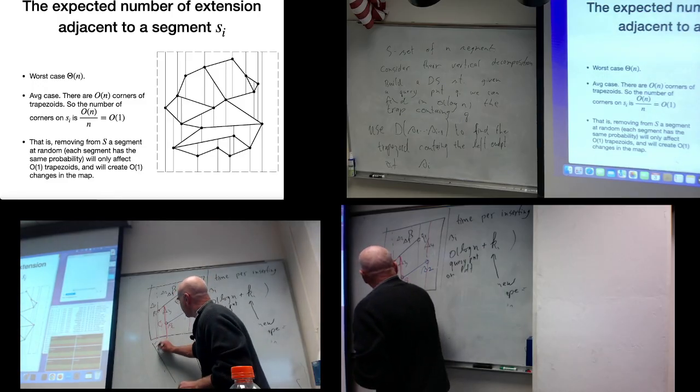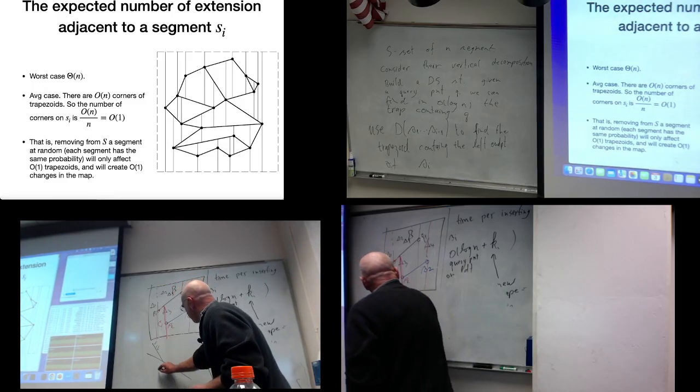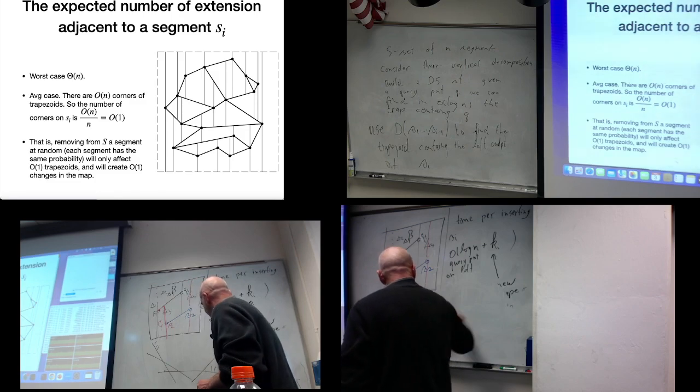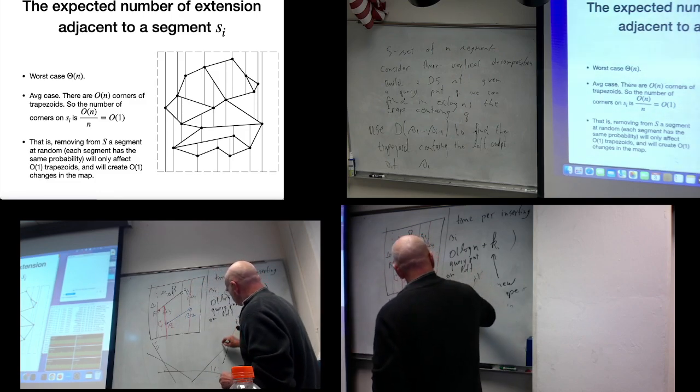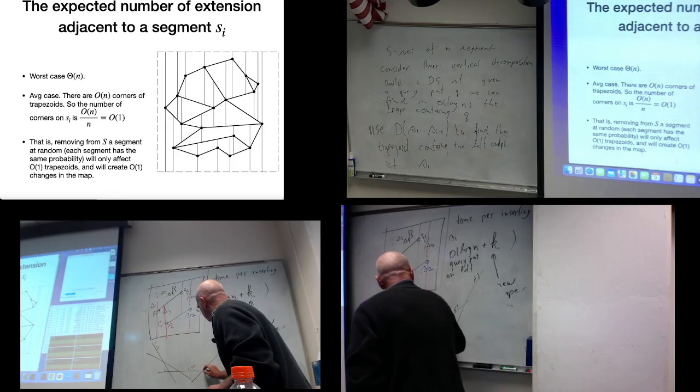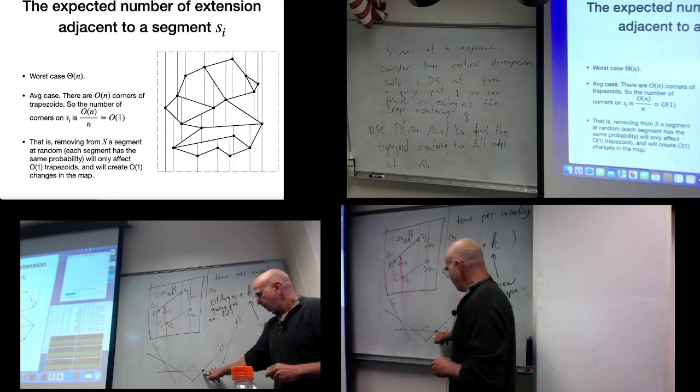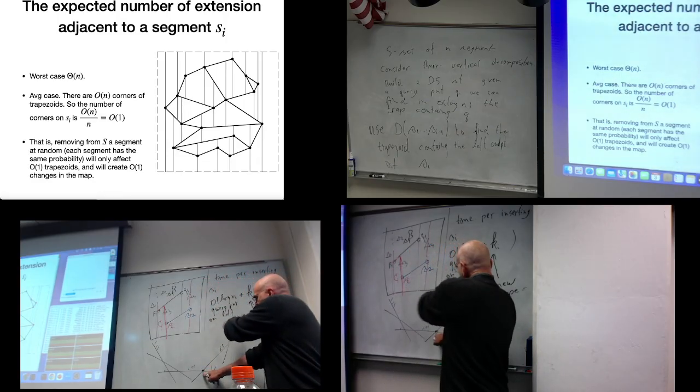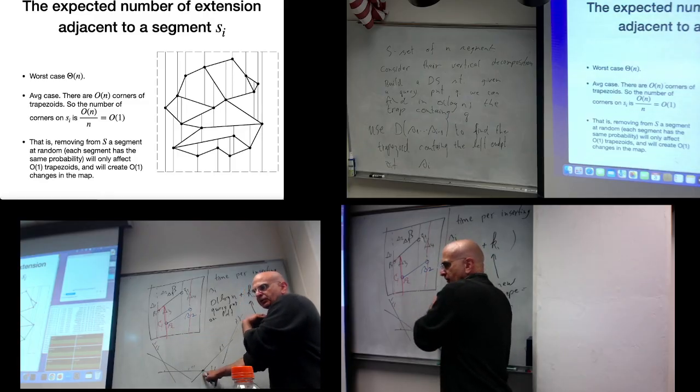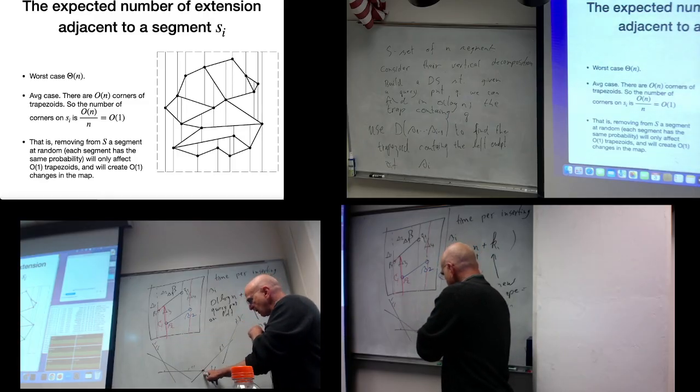I had a sequence of half planes and I had the lowermost point, and I asked, if I remove one of these half planes at random, what's the chance that I change the lowermost point?